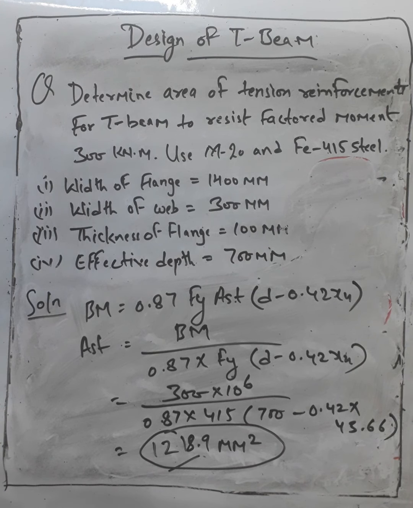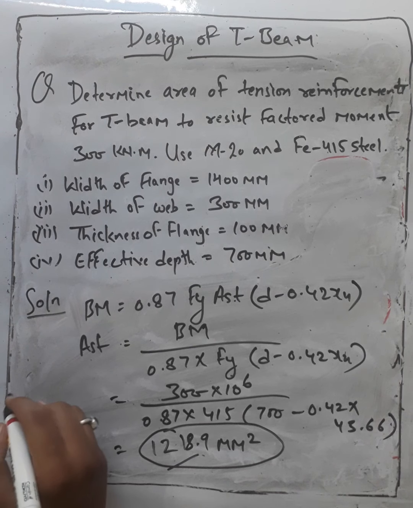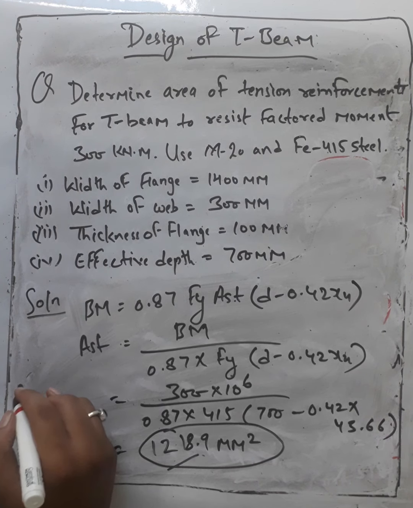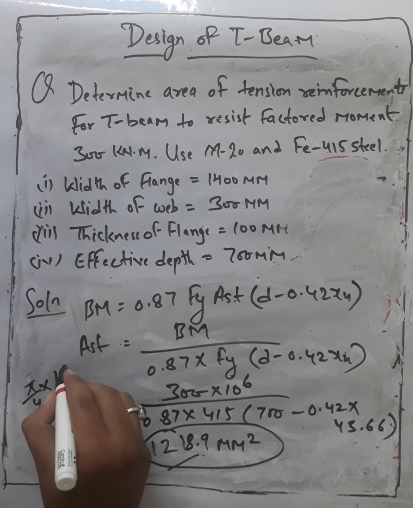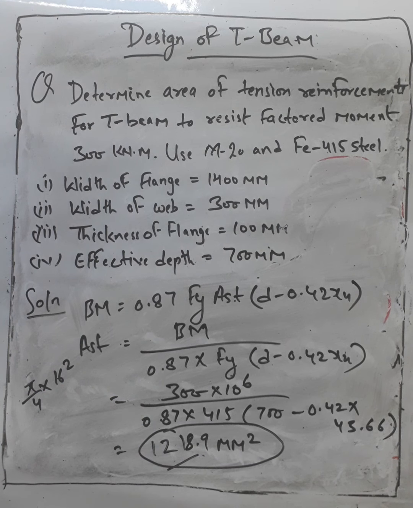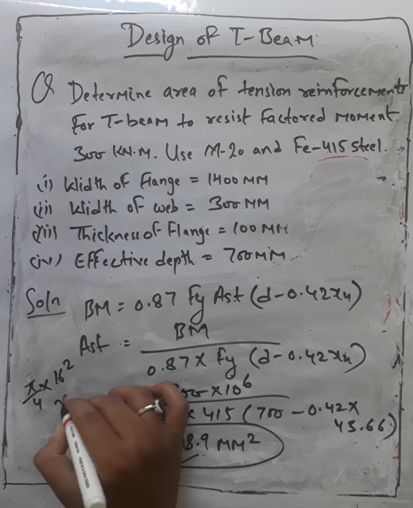So here you take 16 mm bar or 18 mm bar, it's your choice. If I take 16 mm bar, let's see how many bars we require. First you have to find the area of a single bar. So area of single bar is 200.96 mm square. This is the area of a single 16 mm bar.